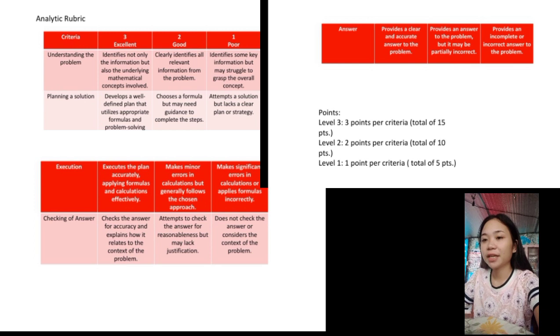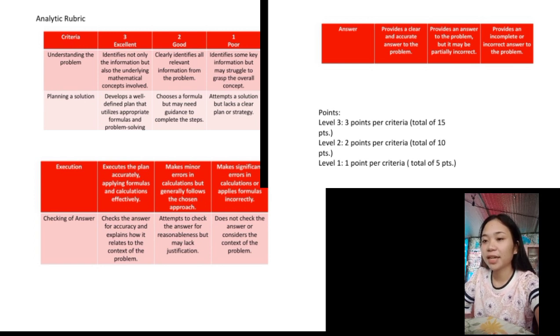So I am done making my process-oriented learning competency and my possible task design. Now I am going to present to you my analytic rubric. As you can see in the image, there are criteria and levels of performance: 3 levels of performance and 5 criteria.